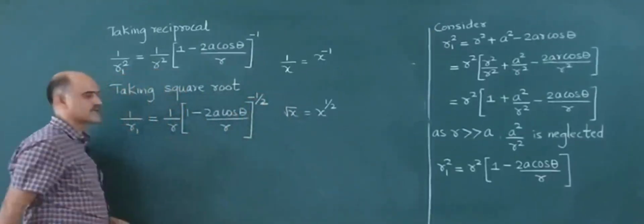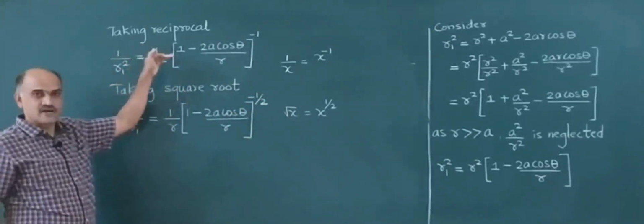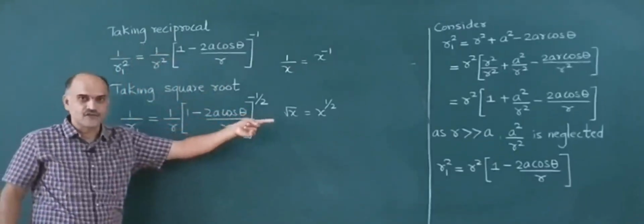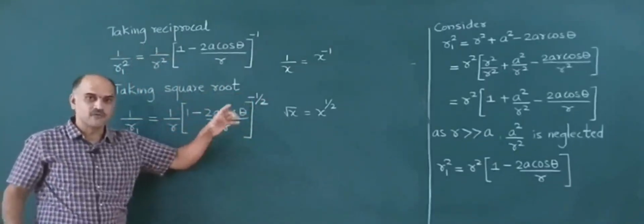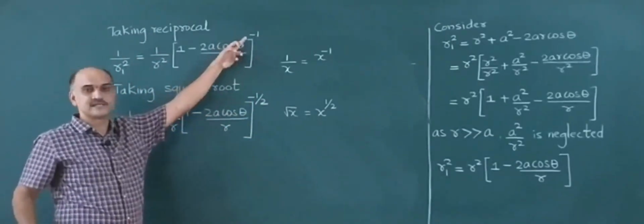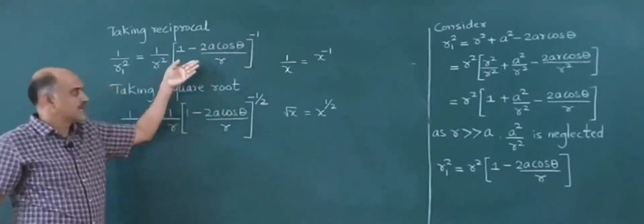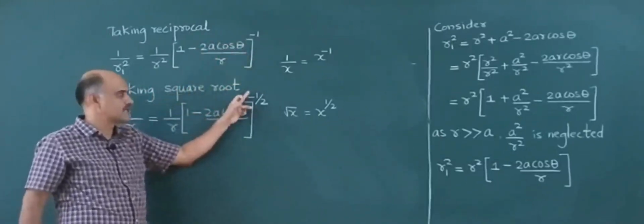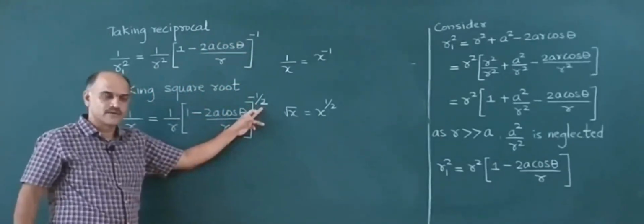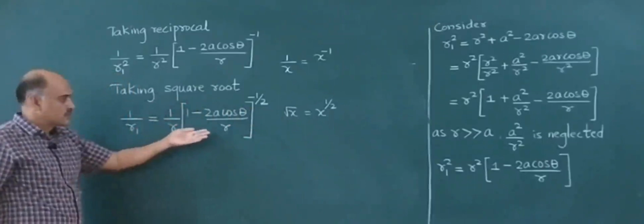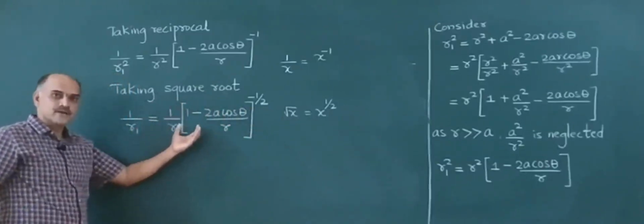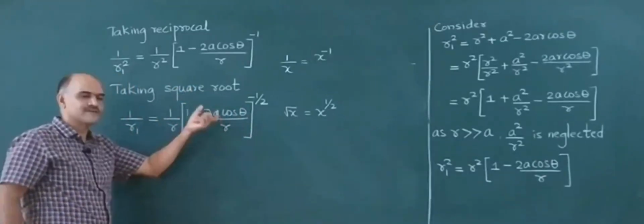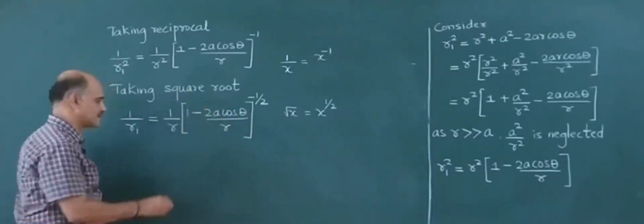2. Clear, students? So first I have taken the reciprocal, instead of writing 1 divided by the whole bracket, I have written it as raised to minus 1. I have taken square root, instead of writing root, I have written it as minus 1 by 2. Now this we expand by binomial theorem and neglect higher terms, means they will be very very small, so we neglected those.